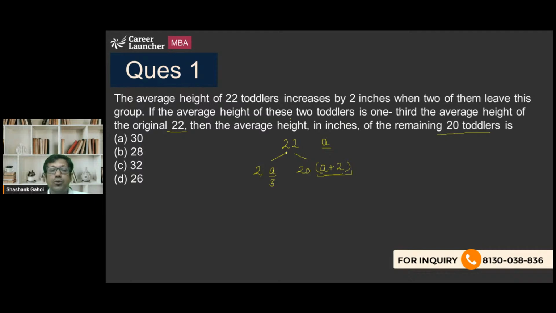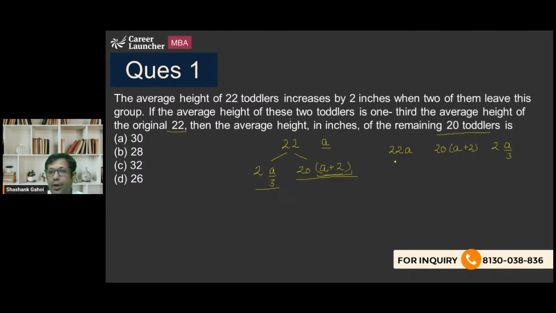What is the total height of 22 toddlers? That is average into number of terms, so 22A. The total height of 20 toddlers is 20 times A plus 2. The total height of these two toddlers is 2 times A upon 3.